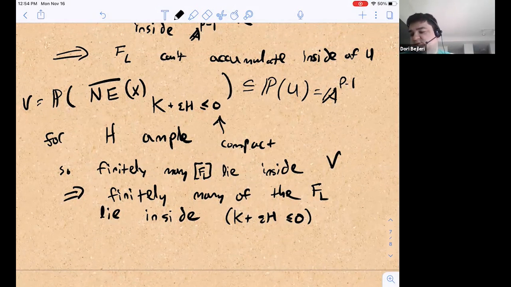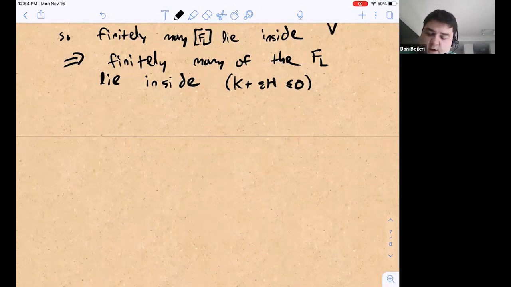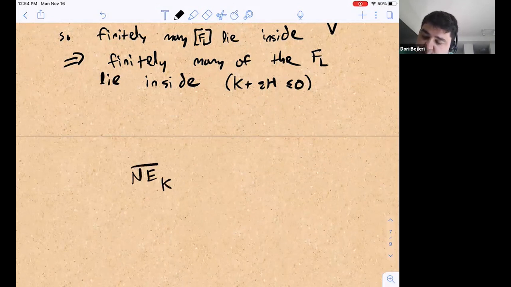So that gives us that there are only finitely many of these, but now we actually want to show that these finitely many span all of NE bar when we add the positive part. So we know that NE bar is K plus epsilon H greater than or equal to 0 plus this now finite sum.